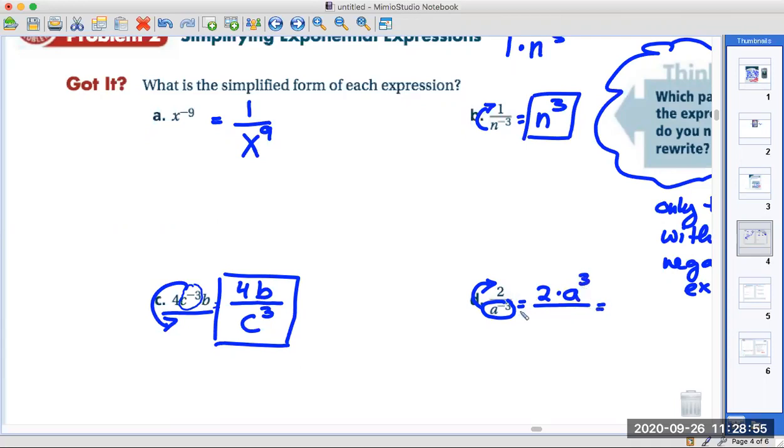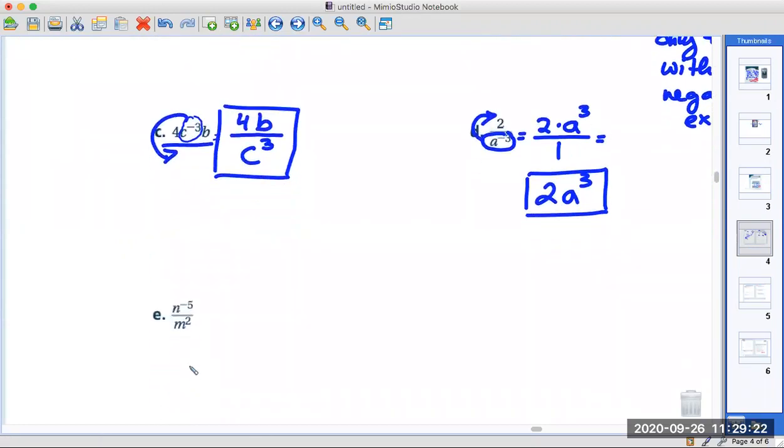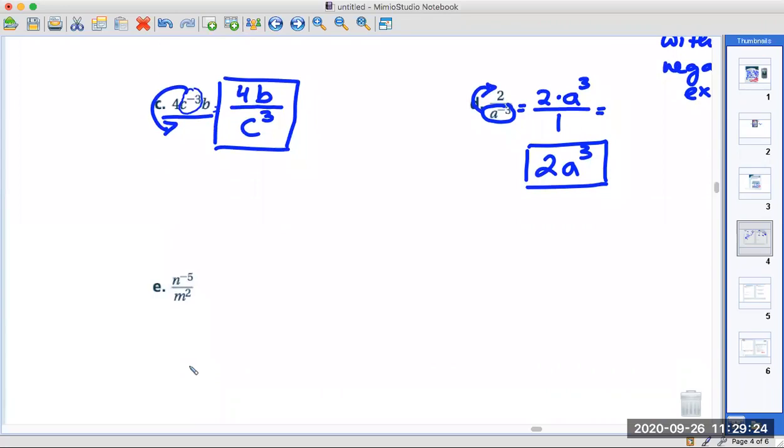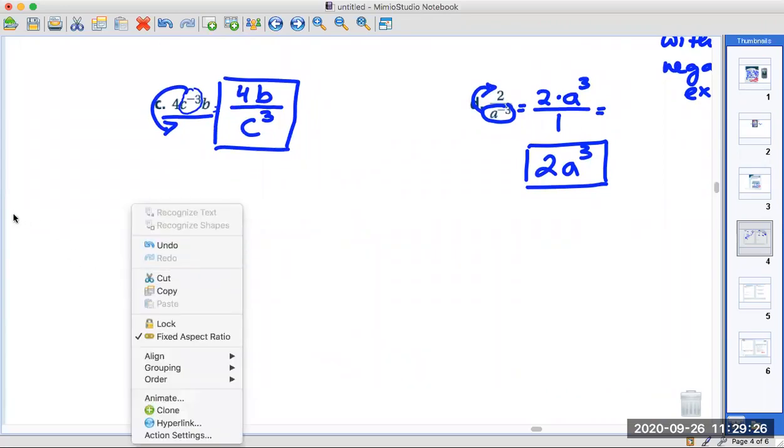Now remember, if you move it to the top, there's nothing left on the bottom. Really, there's a 1 if you think about it. But the 1 isn't needed in the denominator. So I'm going to rewrite that to make it sharper looking. I'm going to say 2a cubed. That's it. That looks much better. We don't need that fraction. We don't need 1 in the denominator, but we do need it in the numerator, which is kind of weird, but that's how it is.